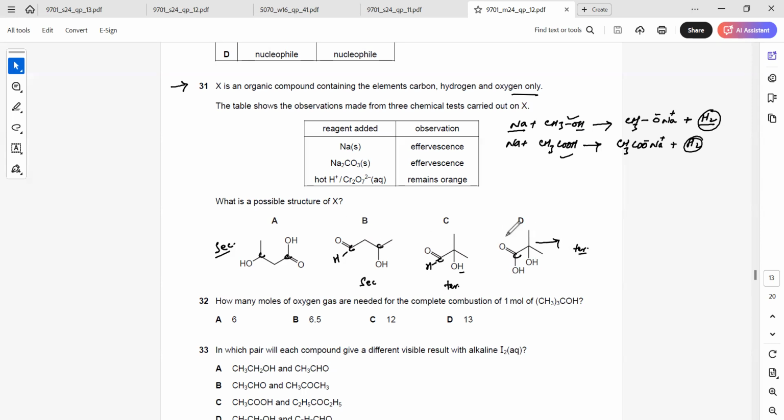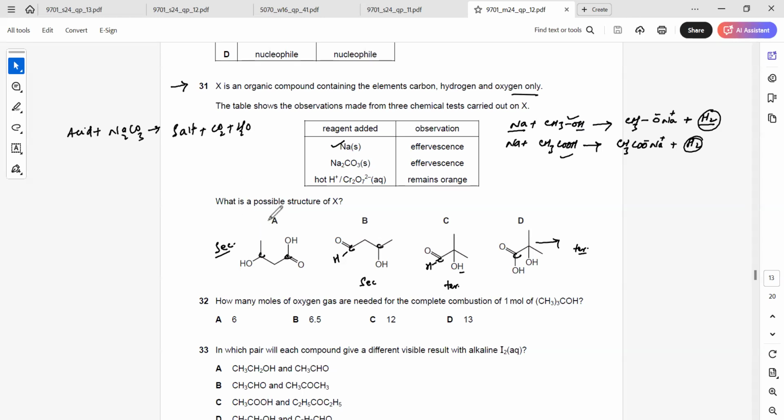Okay. So all four options are showing effervescence with the sodium. Okay. Next, they are saying sodium carbonate. We know that acids can react with sodium carbonate and produce salt and carbon dioxide plus water.